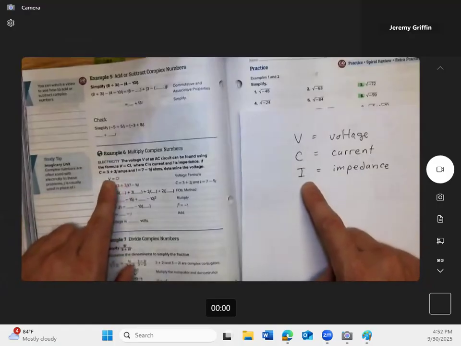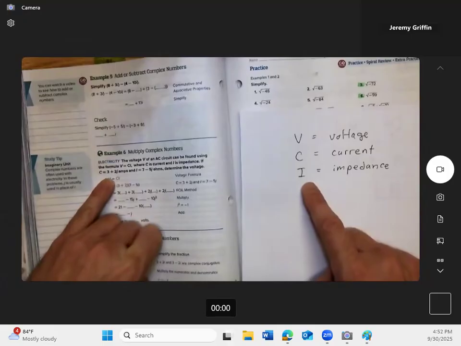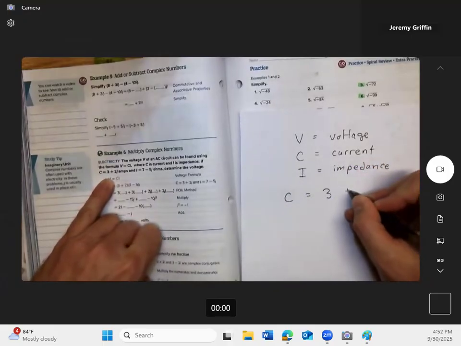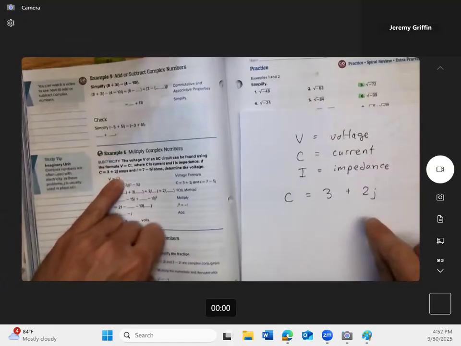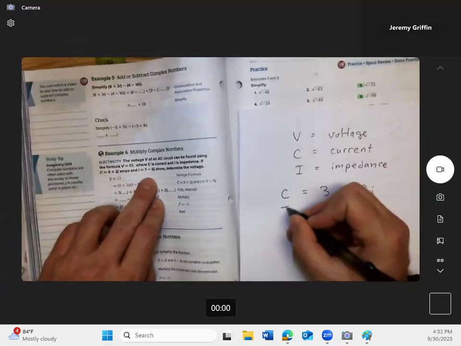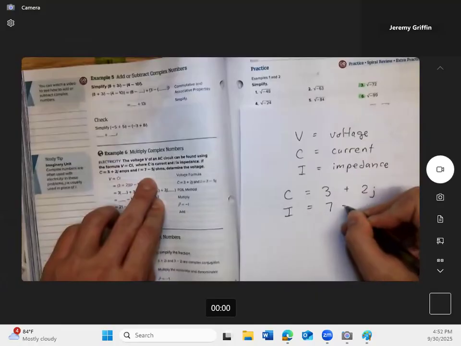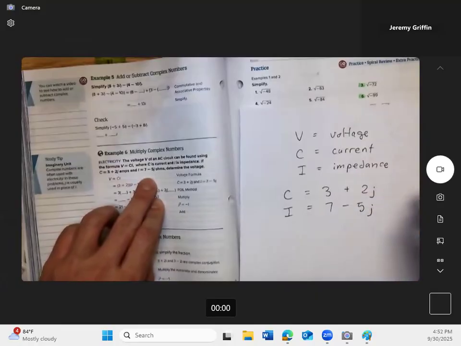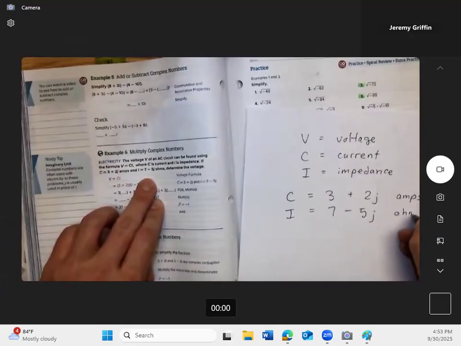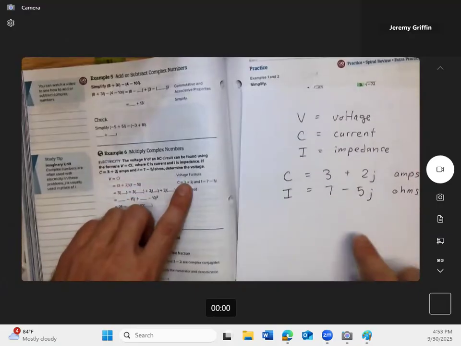So if the current is, they give you this 3 plus 2J amps. Now, in this case, J is the imaginary number, so we'll treat this as imaginary. And they're given the impedance as 7 minus 5J ohms. So this is amps, like amperes, and this is ohms. So those are physics units. Then what is the voltage?